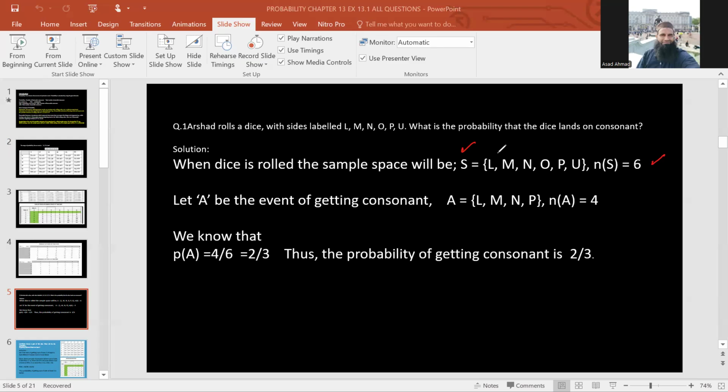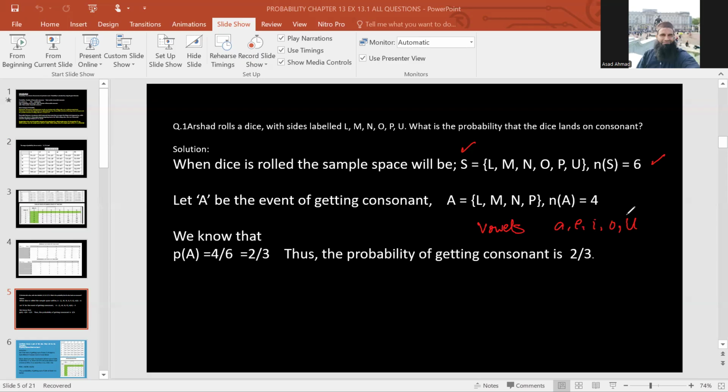So we have to keep the difference in mind that you people remember that vowels are A, E, I, O, U. These are the five letters which are considered as vowels, and the remaining alphabets are considered as consonants. So the opposite of vowel are called consonants.